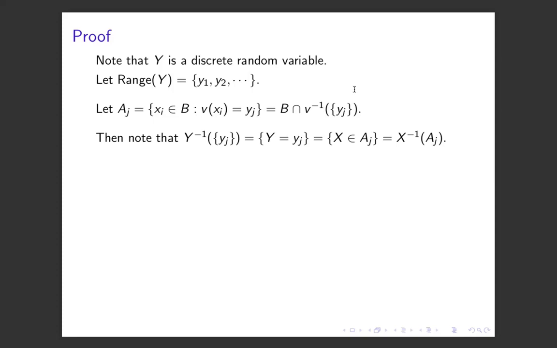See, V is a function from the real line to the real line. So if you are given a point yj in the real line, its inverse image can have points from B, or may also have points which are not in B. Consequently, the set Y inverse of the singleton yj, which in our notation is capital Y equal to yj, is precisely the set of x belonging to Aj, so it is X inverse of Aj.